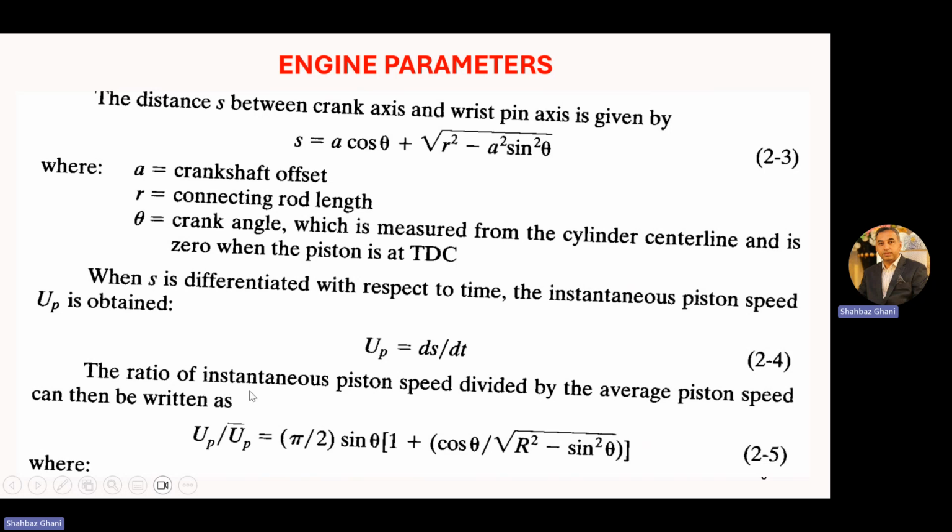The ratio of the instantaneous piston speed to the average piston speed is equal to pi by 2 sine theta times the bracket 1 plus cos theta divided by the square root of r squared minus sine squared theta. Now, this r is different.